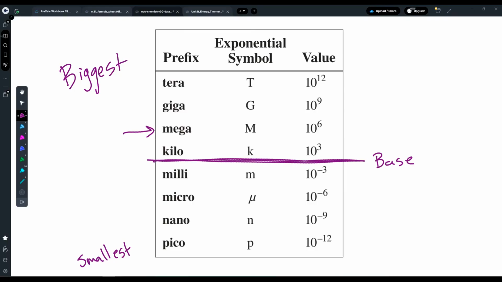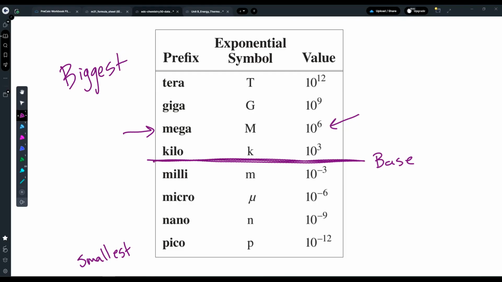How you know something is a base unit is typically if the acronym for it is only made up of one letter, it is a base unit. That'll get you most of the time. That'll get you what you need to know. Okay, so here we're seeing, for 1 megajoule, that's going to be 10 to the power of 6 joules.